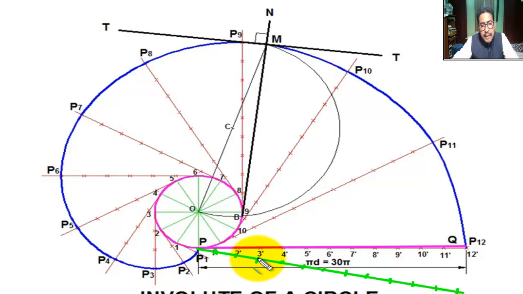We take 12 parts, 1, 2, 3, 4, 5, 6, 7, 8, 9, 10, 11, 12 and join this, and draw the parallel lines.